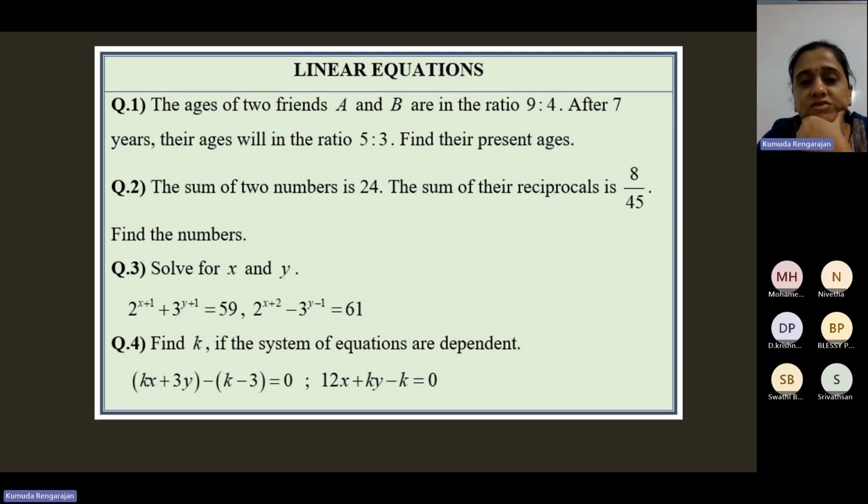I want the answer for the first one. Working, ma'am. Okay. You constructed the equations? Okay, you're working on the equations still. All right.